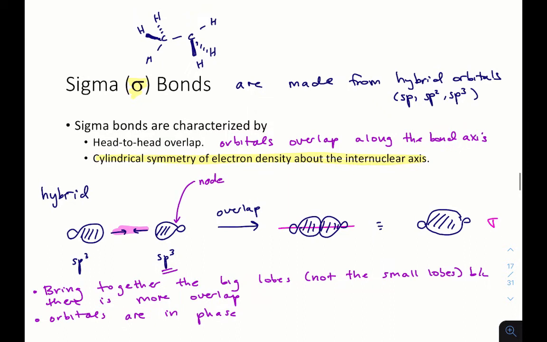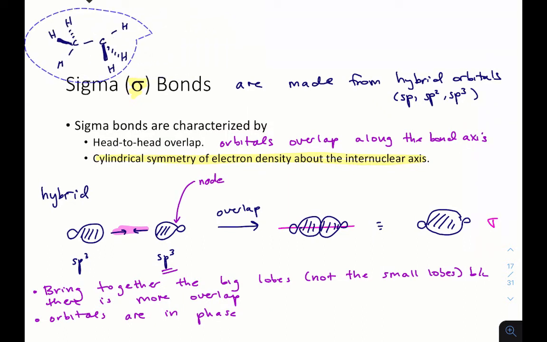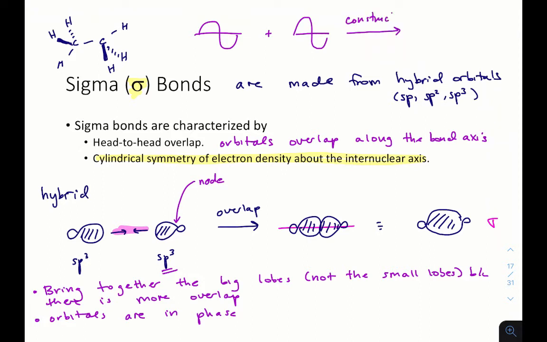Why would we do that? Well, recall that our model for orbitals is that they are waves. We represent them by wave functions. If we're going to add together two wave functions, we want to add them together in phase so that they will constructively interfere. Otherwise, they're going to destructively interfere and cancel each other out.